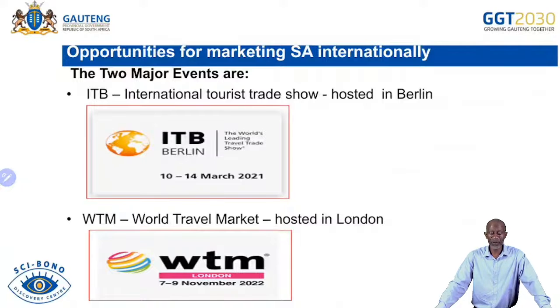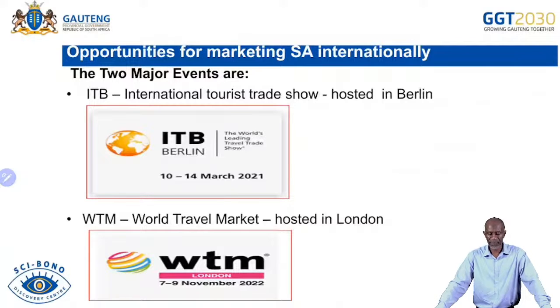So the WTM, or the World Travel Market, happens annually in London, and here South Africa is also given a platform, or a stand, in this opportunity to market, to showcase, to advertise the tourism offering, the tourism products that the country has to offer.